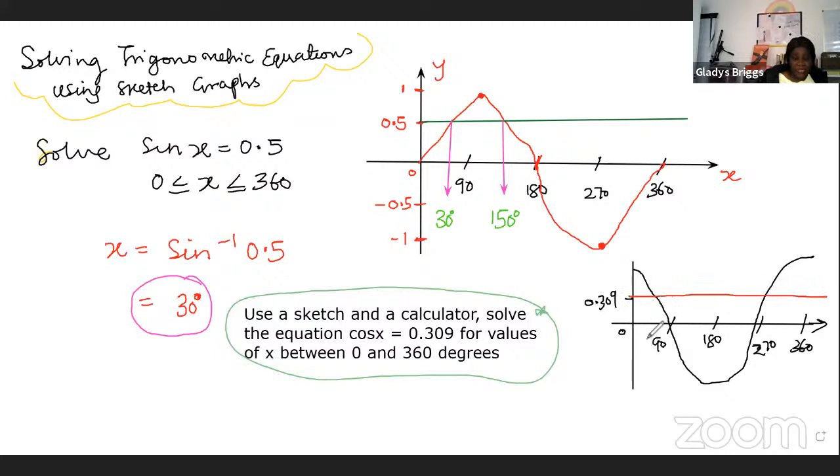And you find your first solution, which is going to be somewhere here. And then you find your second solution, which is going to be somewhere here. Okay.